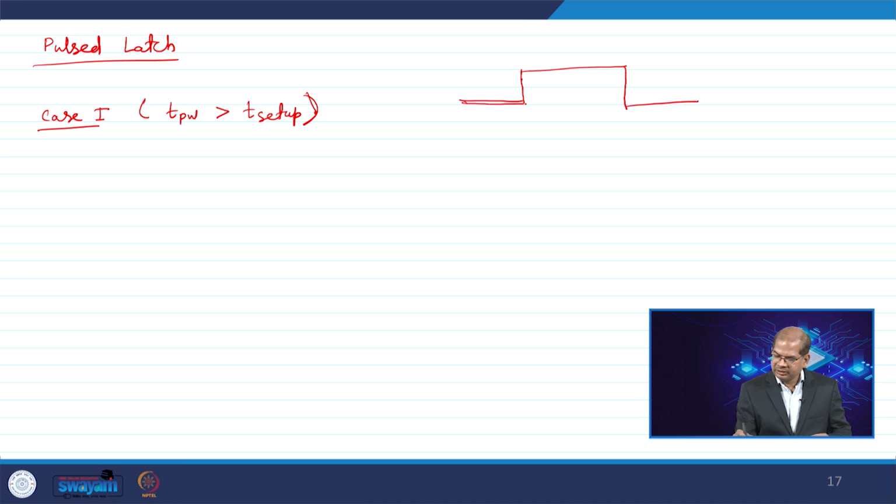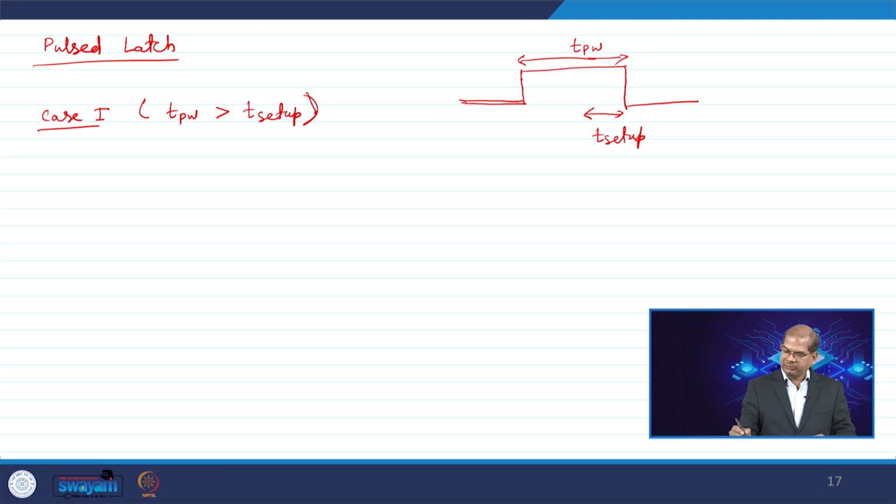This is my pulse width, and my setup time is something less than that. Let us say this is T setup and this is my T pulse width. In that case, what is the amount of time borrowing?